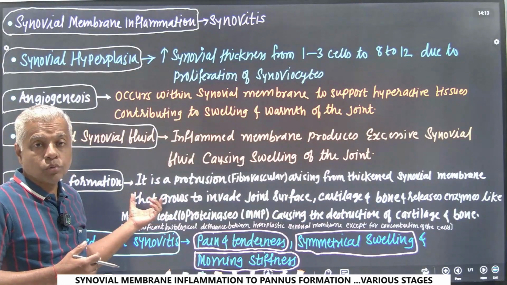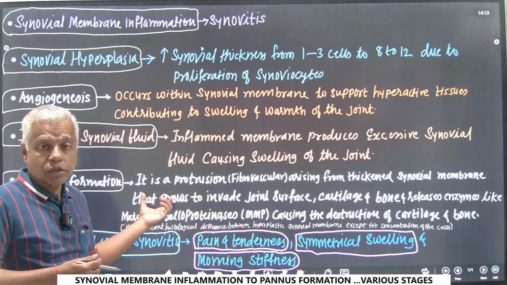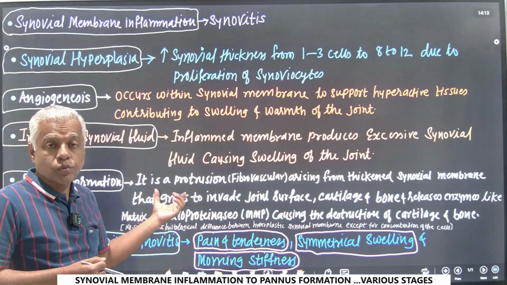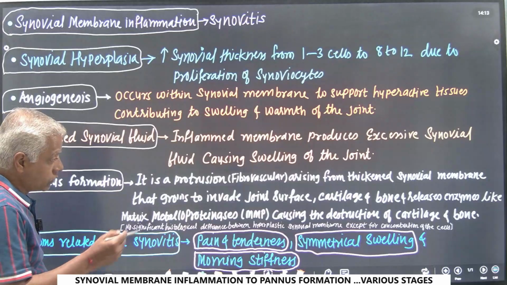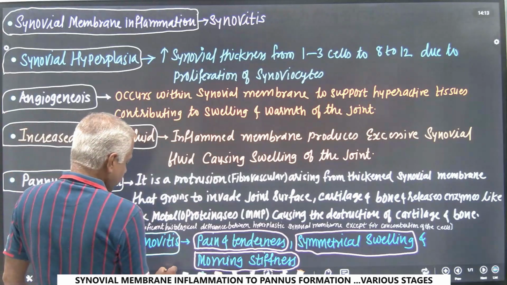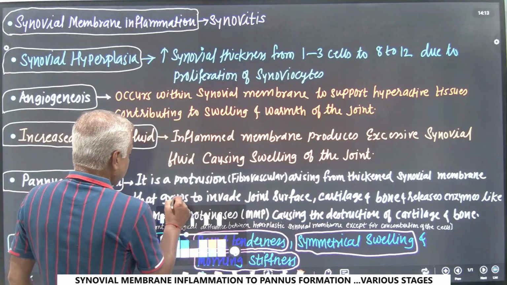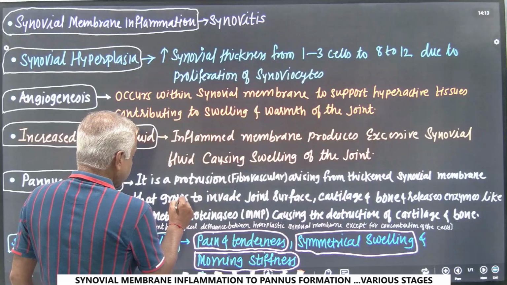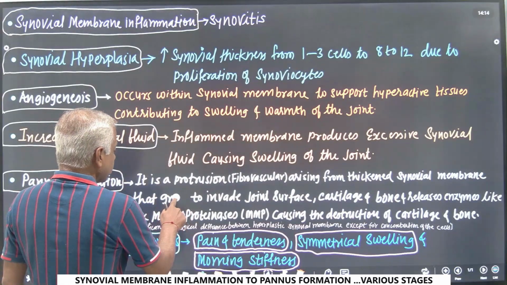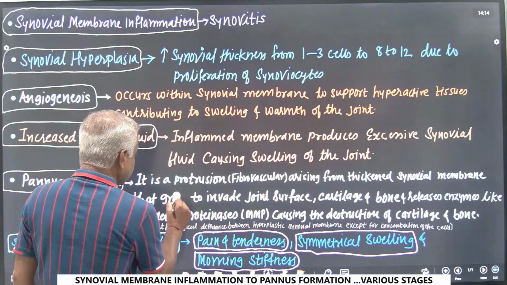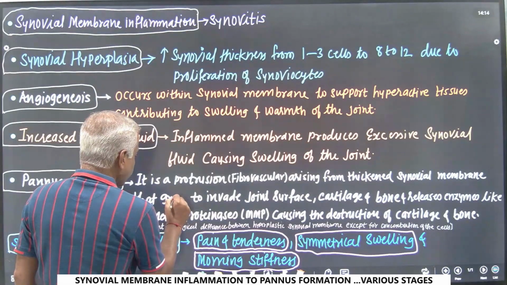PANNUS is nothing but a protrusion arising out of the thickened synovial membrane, invading the joint space, the cartilage, and the bones, and thereby causing the destruction of the cartilage and the bones.